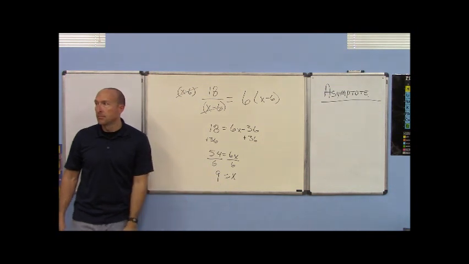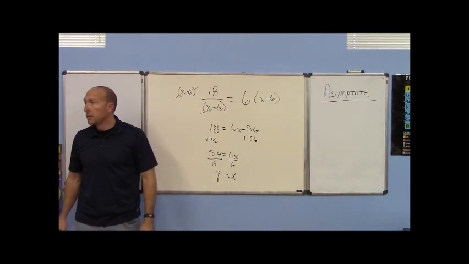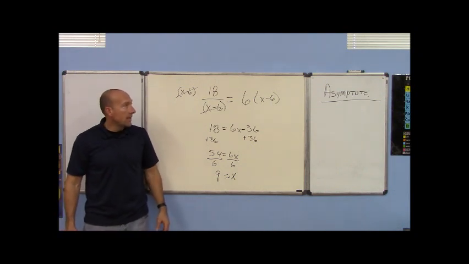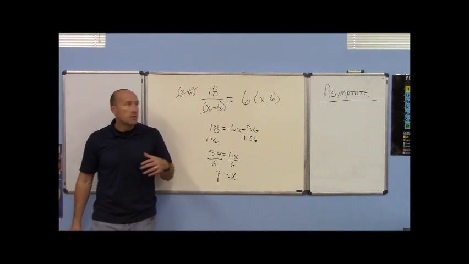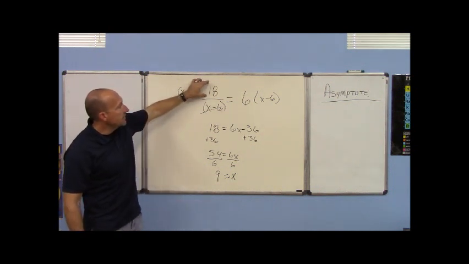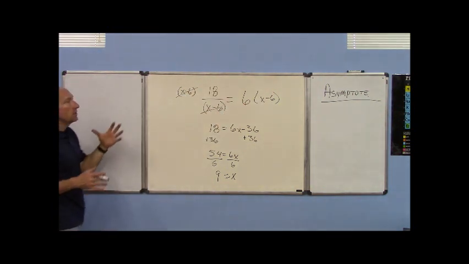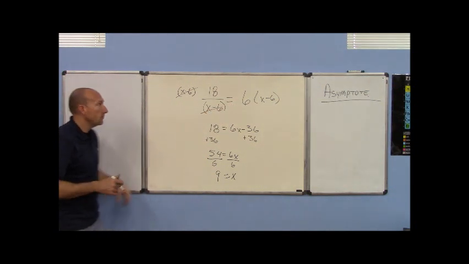Could you do the same thing with 18 instead of x minus 6? You can, but you're taking it a step further. Could you move the 18 and leave the x minus 6 alone?